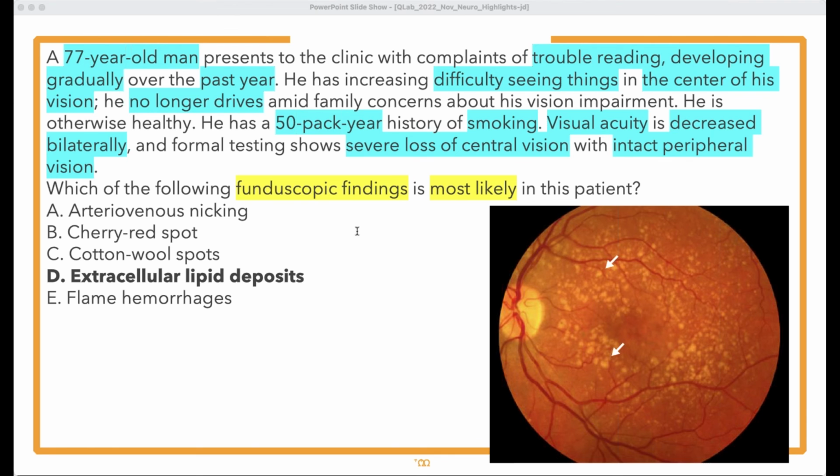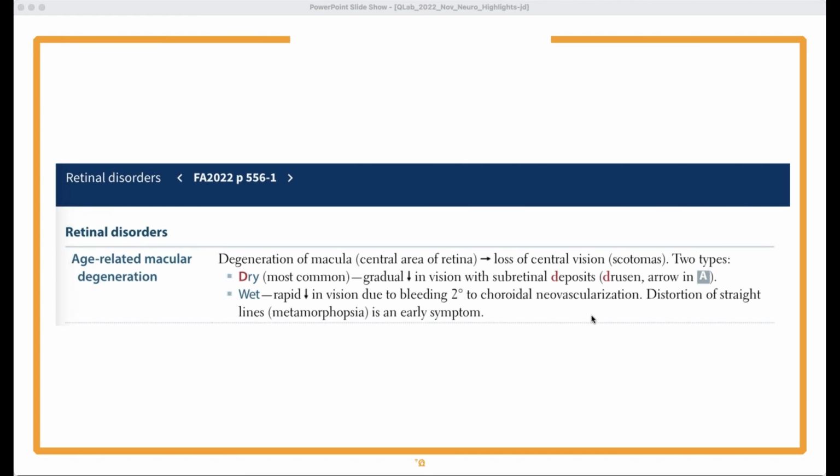Of the two types, if we take a look at the next slide, we can see the two types of age-related macular degeneration. You get degeneration of the macula, which is the central area of the retina, which is why you lose your central vision, but your peripheral vision can stay intact.